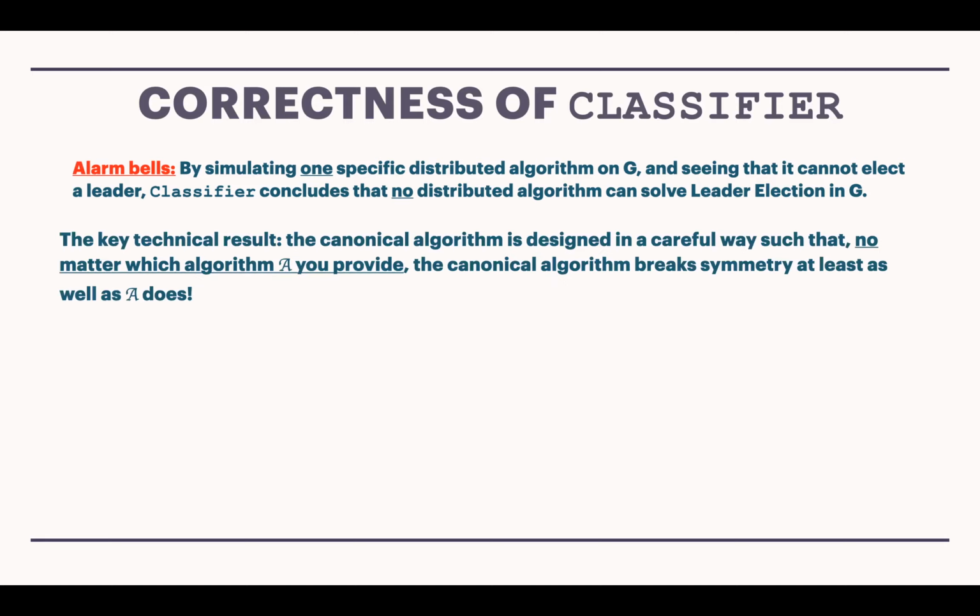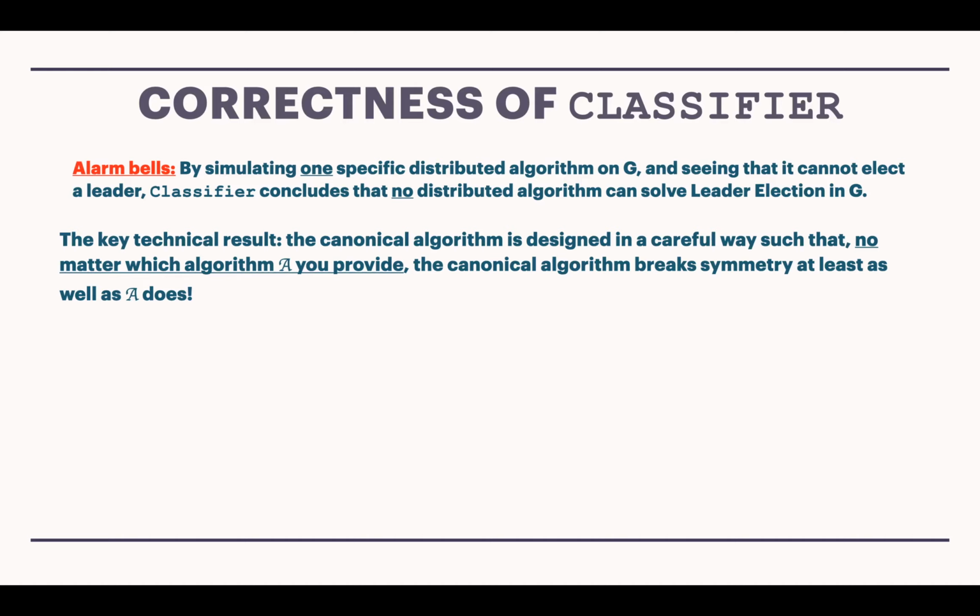This really depends on a key technical result, which states that the canonical algorithm that classifier is using is designed in such a careful way that no matter which algorithm A you're considering, the canonical algorithm will break symmetry at least as well as A does.